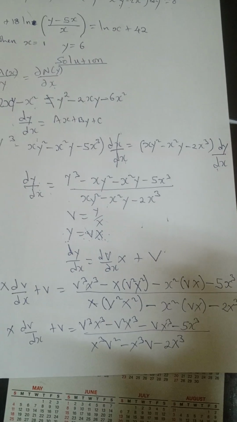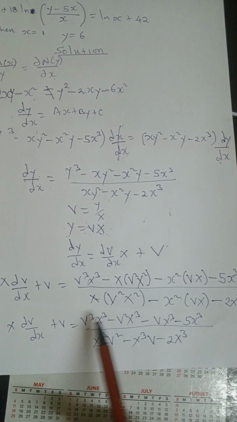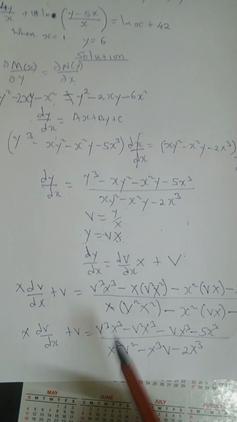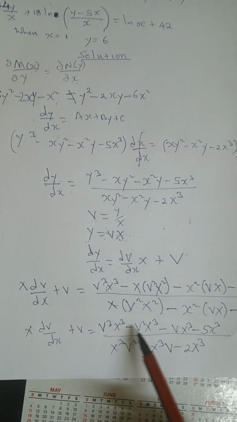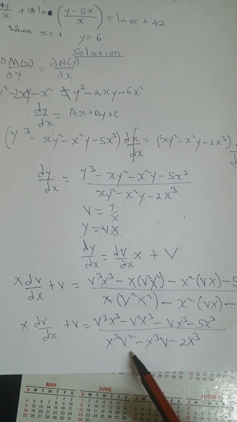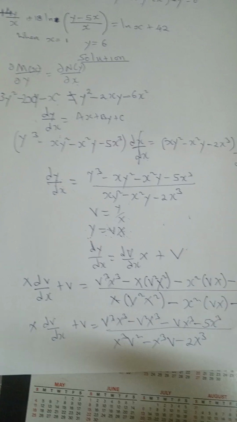So what we can do is factor out x cubed. When we factor out x cubed on the top and on the bottom, they are going to cancel each other. So what we are going to have on top is v cubed minus v squared minus v minus 5. At the bottom is going to be v squared minus v minus 2. So let's write that.